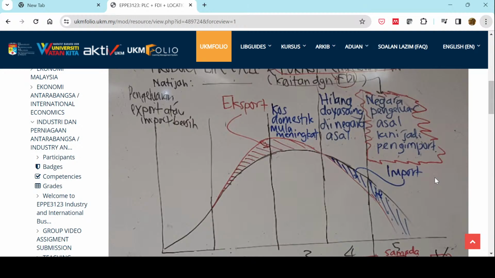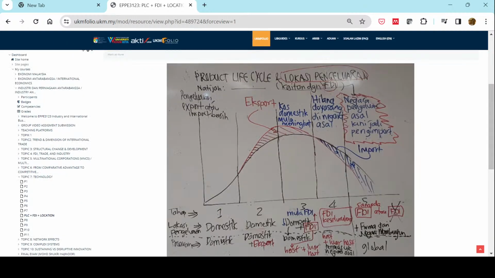Okay. In this graph, I combine FDI and location, basically the location of production. So this has to do with foreign direct investment and the location of foreign direct investment.